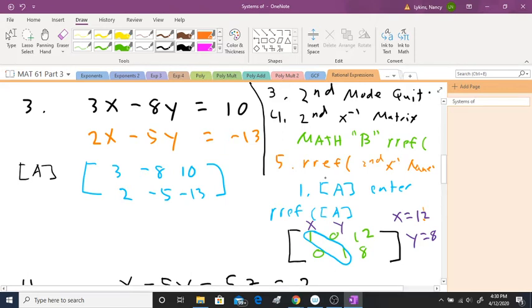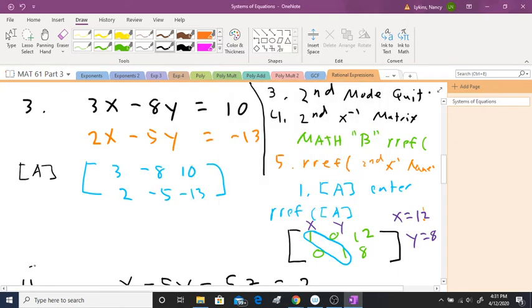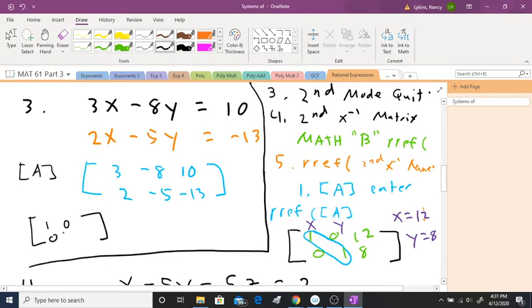And when it's all said and done, for number 3, your matrix should look like a 1, a 0, a 0, a 1. And then our numbers would be -154 and -59.